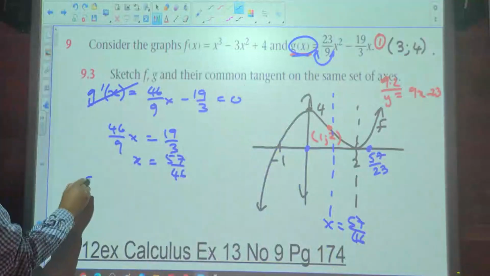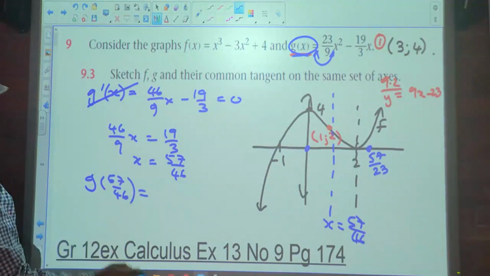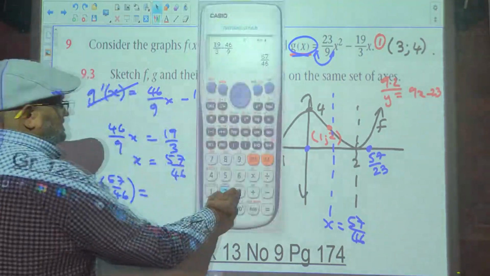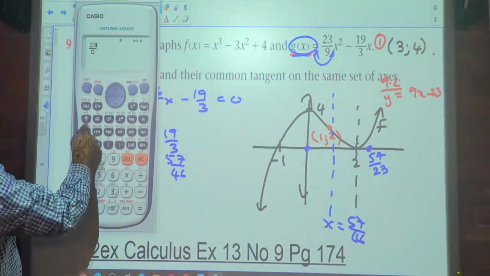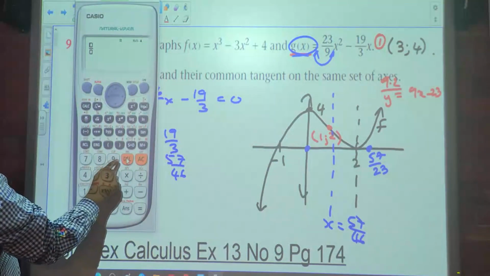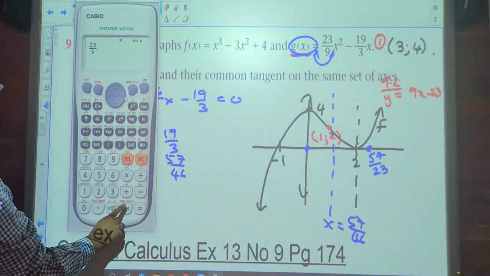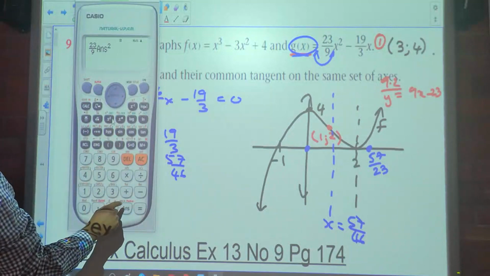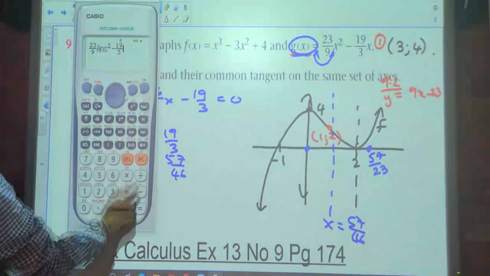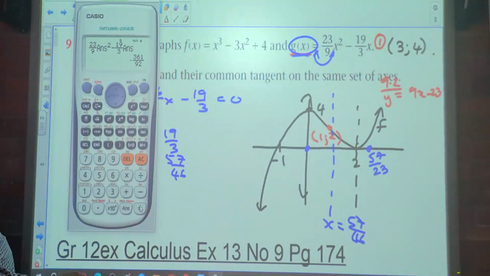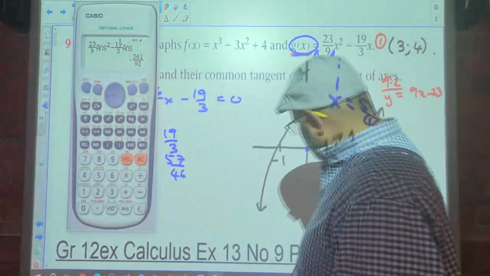And what do I do with this? I sub it back into g of x. So g of 57 over 46 equals 23 over 9 times answer squared minus 19 over 3 times answer. Gives me negative 361 over 92. Is that correct?